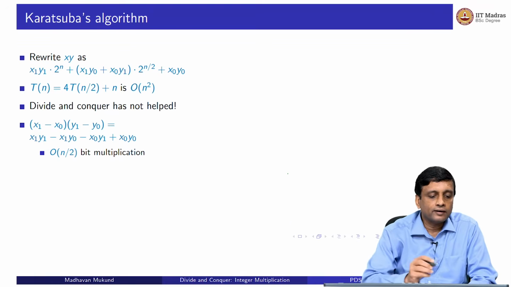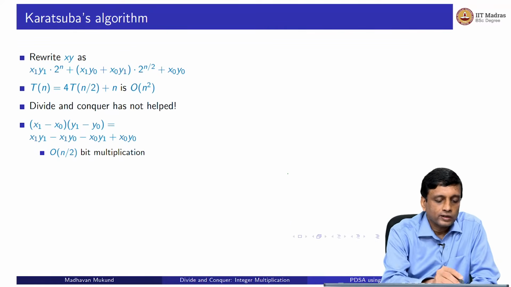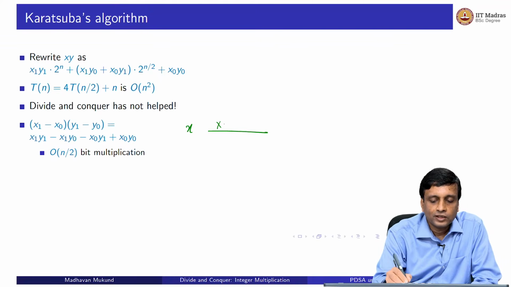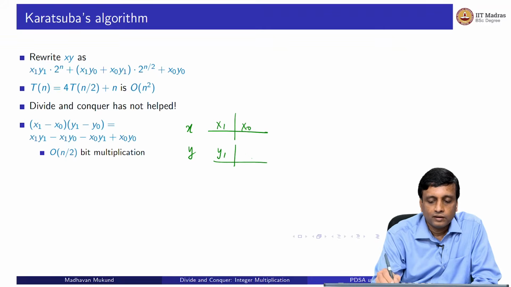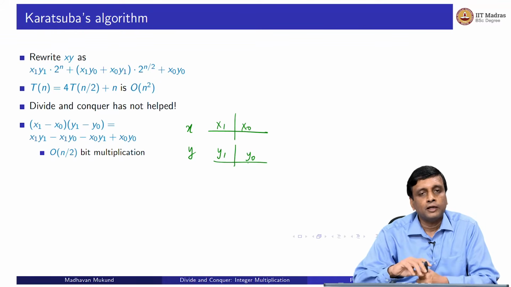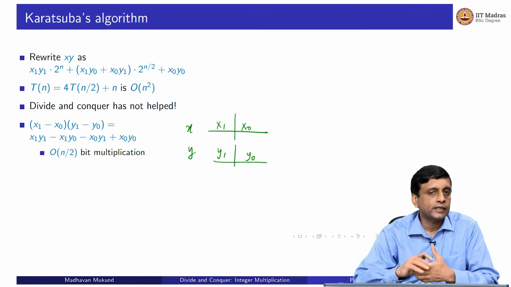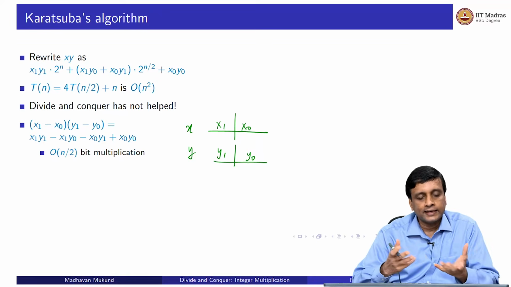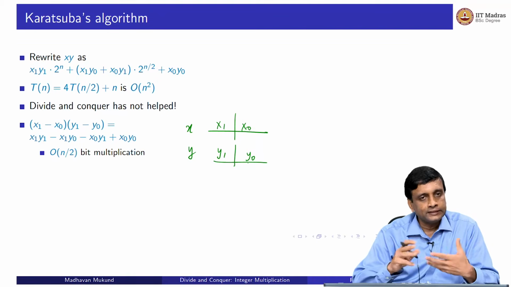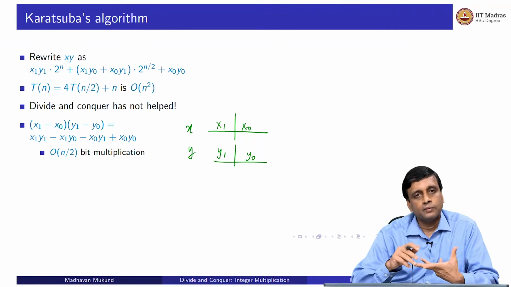Let us look at this product x1 minus x0 times y1 minus y0. Remember that x is written as x1, x0, the upper half and lower half, and y is written as y1, y0. So, I am going to take the lower part of x and subtract it from the upper part of x, x1 minus x0, and multiply it by the lower part of y subtracted from the higher part. This looks like a strange quantity to multiply, but the reason we are doing this is because it yields some interesting terms in its expansion.